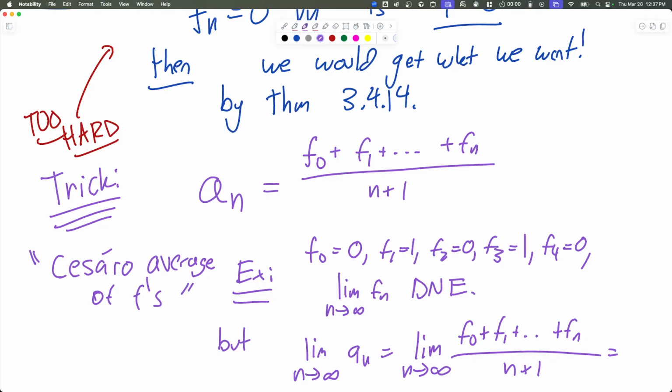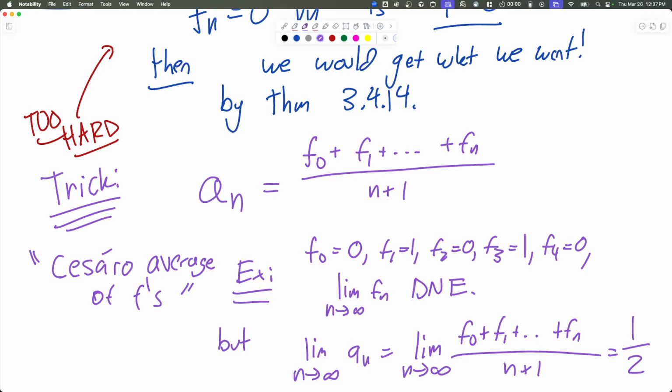What will it be in this case? A half. It's exactly a half. When you add up the top bit, you have n things, so it's either going to be n divided by 2 or n divided by 2 plus 1 or something. And when you divide that by n, it's going to converge to 1/2.